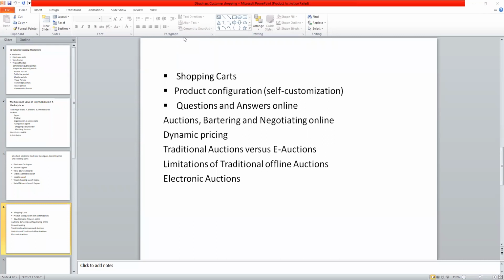So the fraud rate in e-auctions is relatively high. Some auctions are by invitation only. Others are open only to dealers. So this is one of the disadvantages, that there is limited participation here.